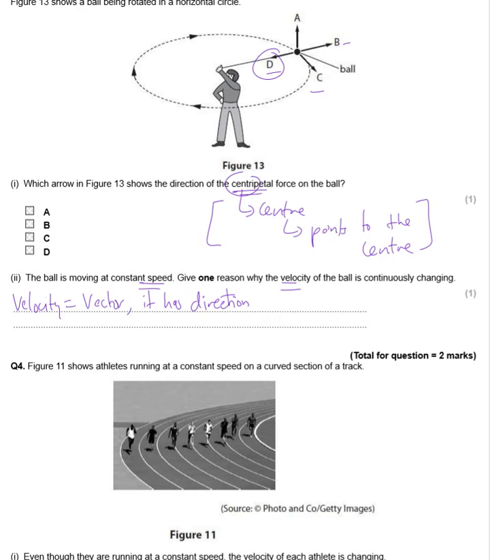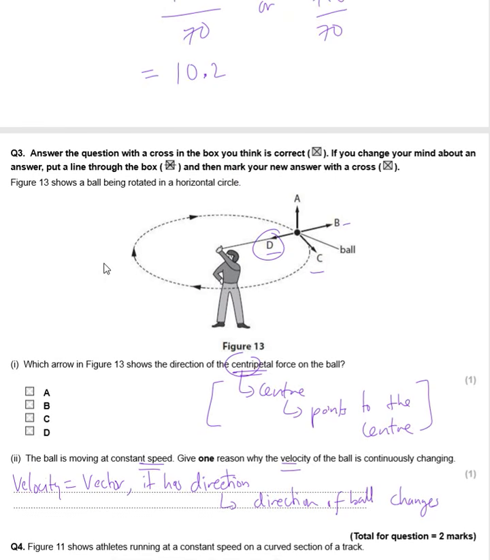So in this case, what's happening is the direction of the ball changes. You can see here that the ball is swinging, changing. The arrow is showing that the direction changes.